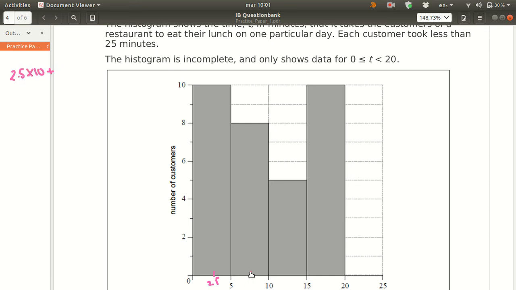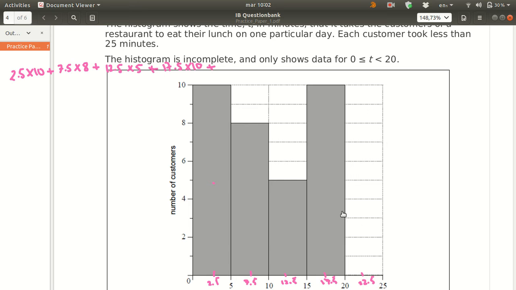plus 7.5 multiplied by 8, plus 12.5 multiplied by 5, plus 17.5 multiplied by 10, plus 22.5 multiplied by k.